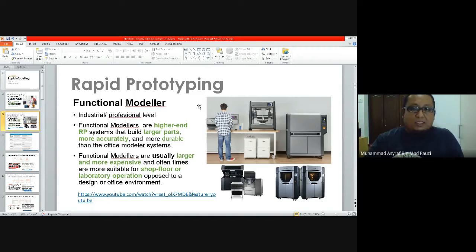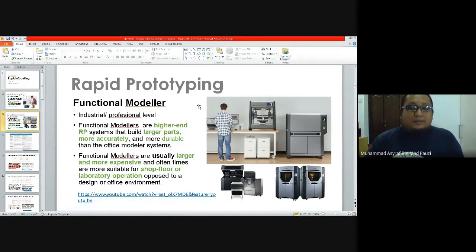For a desktop printer or a desktop modeler, you can buy one as cheap as 800 ringgit, ringgit Malaysia. You can go to 2,000 and more.